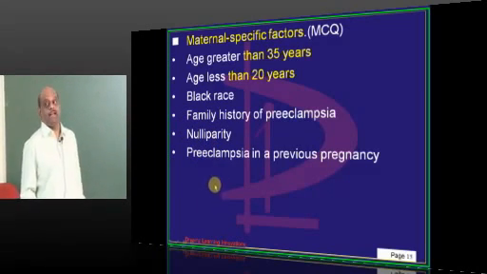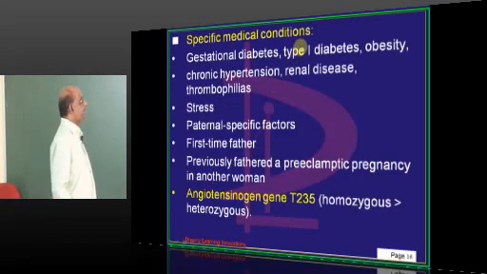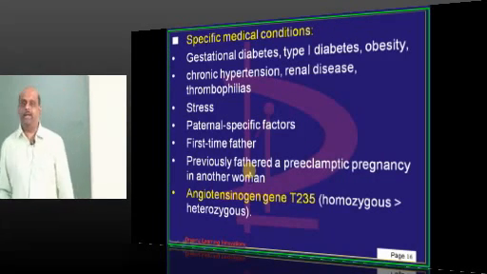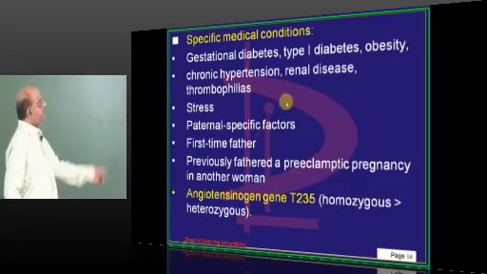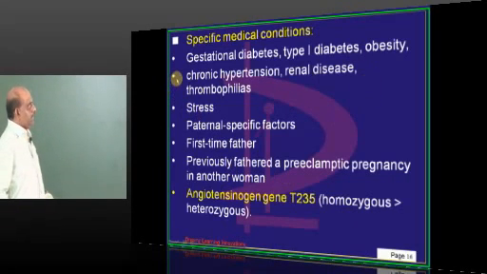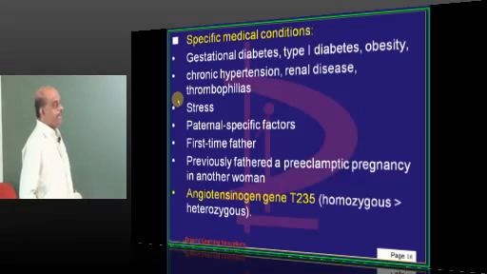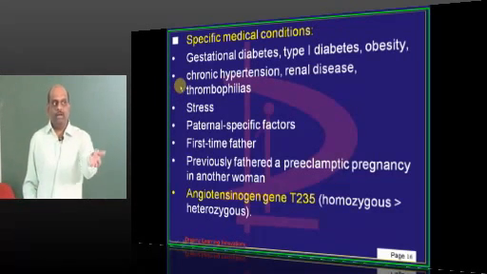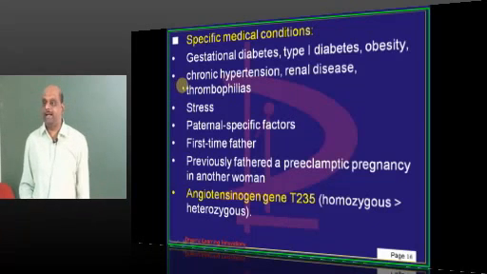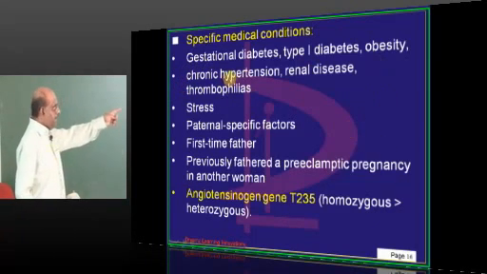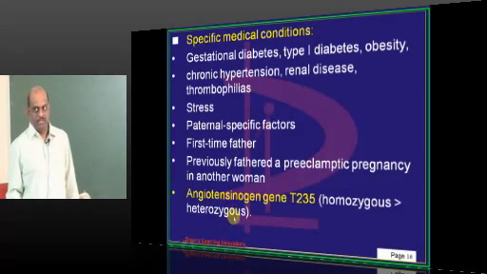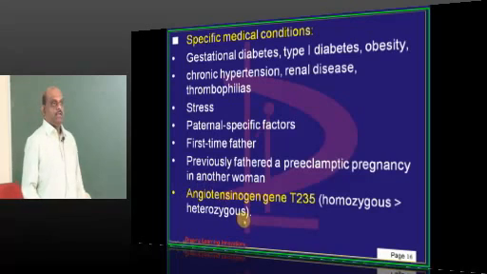Previous pregnancy preeclampsia will remember and lead to similar preeclampsia this pregnancy. Then there are certain specific medical conditions which can lead to preeclampsia, like gestational diabetes or type 1 diabetes or any chronic hypertension in the mother. We said no, 1/4 of chronic hypertensives will end up in preeclampsia. Maternal renal disease, maternal thrombophilic states like antiphospholipid antibody syndrome can be a predisposing factor.